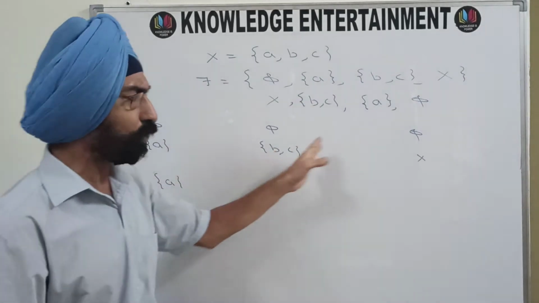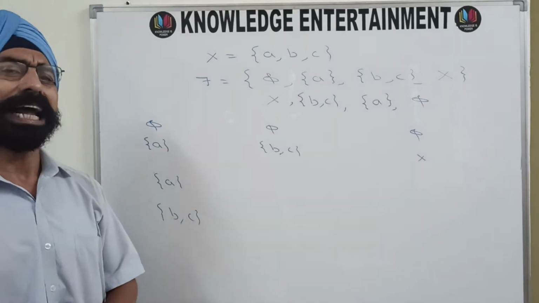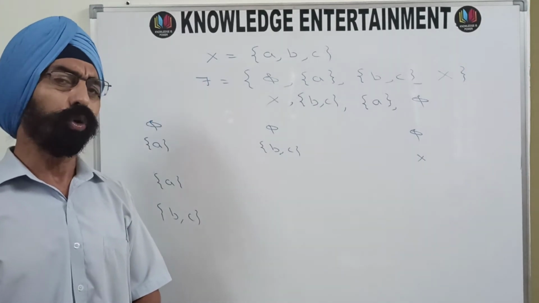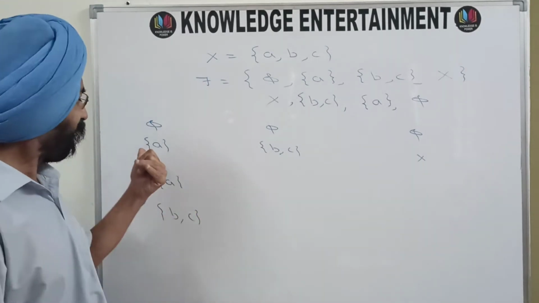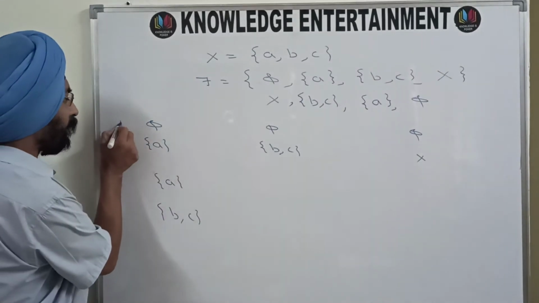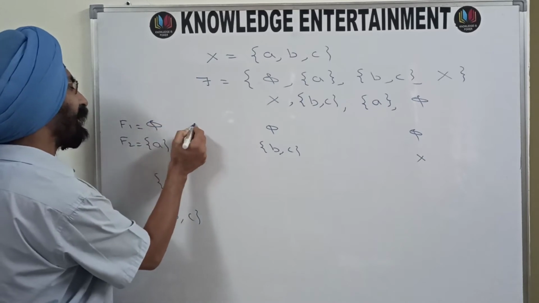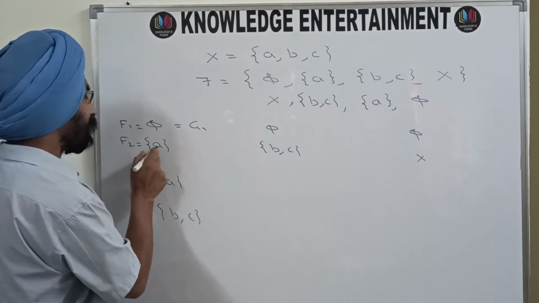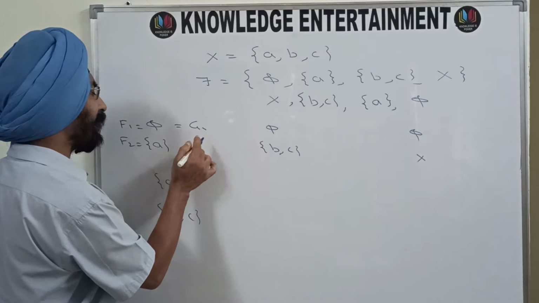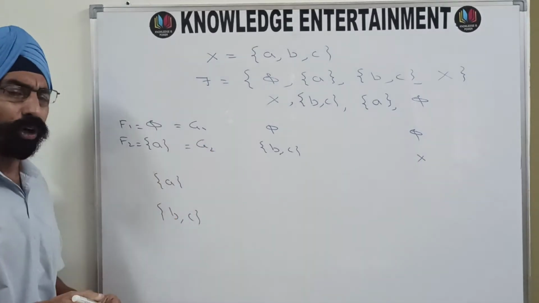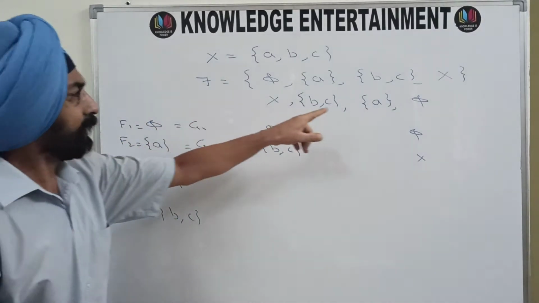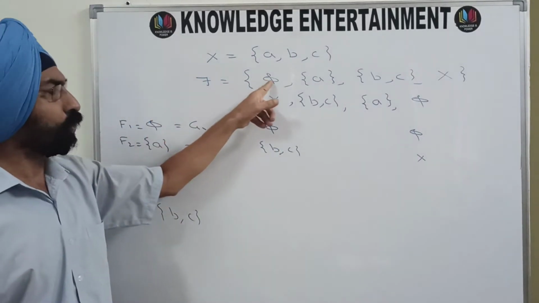Now in all these four cases, we will have to find a pair of disjoint open sets containing them. So in the first case, this is your F1, this is your F2. Take phi as your G1 and the singleton set A as your G2. Why? Because this phi is closed, but this phi is also open.